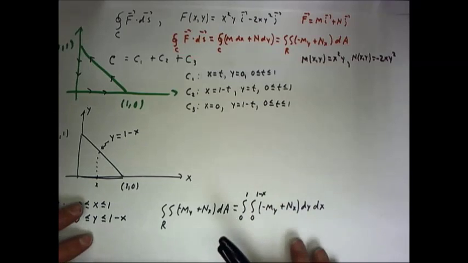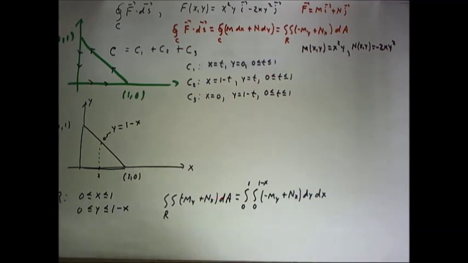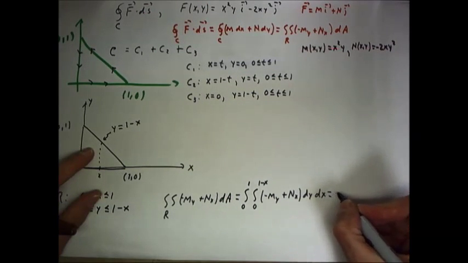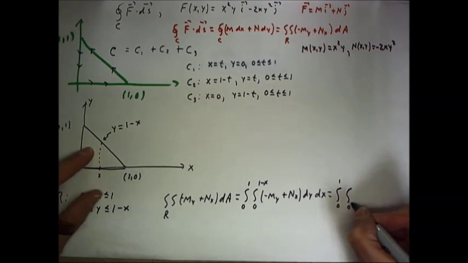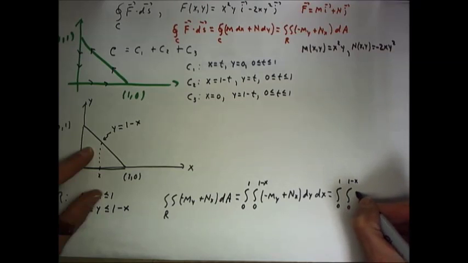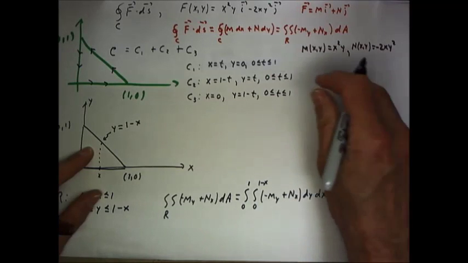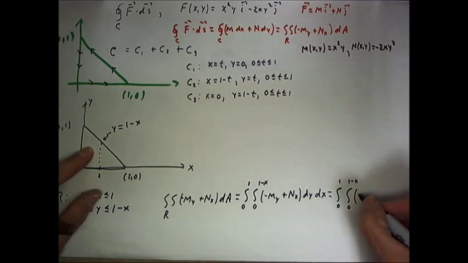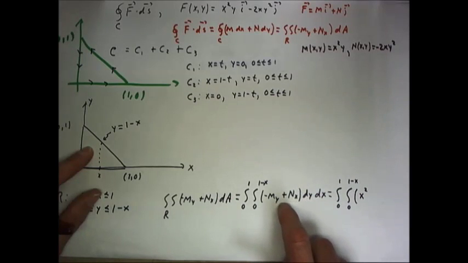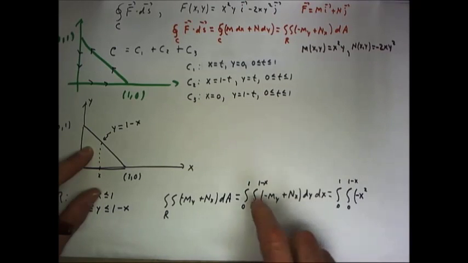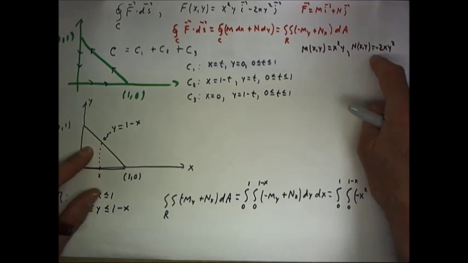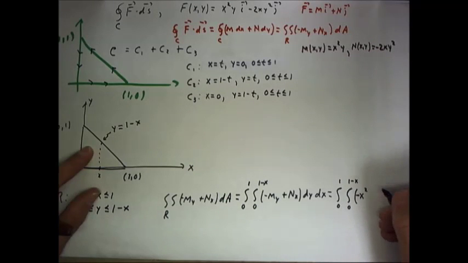So we can easily evaluate this integral. This is just going to be the integral from 0 to 1 of the integral from 0 to 1 minus x of M_y. Now M_y is the y derivative of M. That's clearly going to be just x squared, plus N_x. It's negative M_y, so let's be careful about that. Negative x squared plus N_x, and N_x is negative 2y squared.